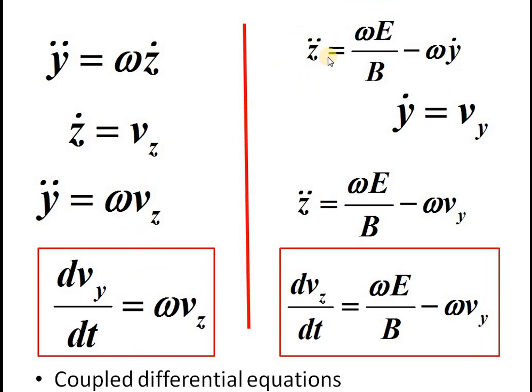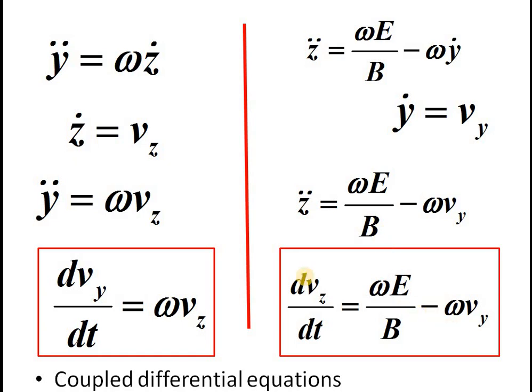Similarly, you take the z part from the previous slide. Here also we have y dot, that is vy. So z double dot is equal to omega E by B minus omega vy, and as per the same rule, we can write it as dvz by dt is equal to omega E by B minus omega vy.